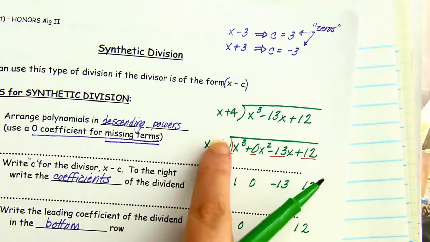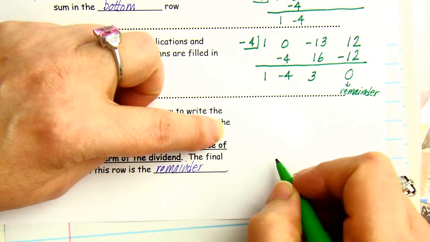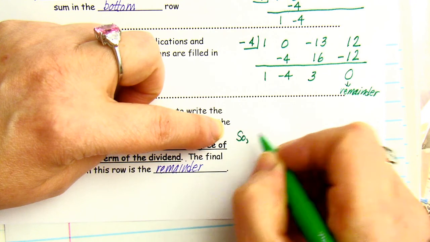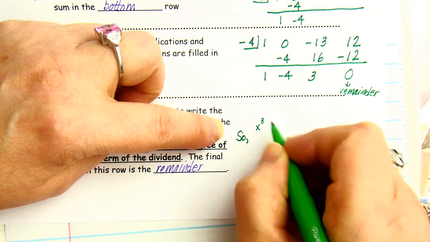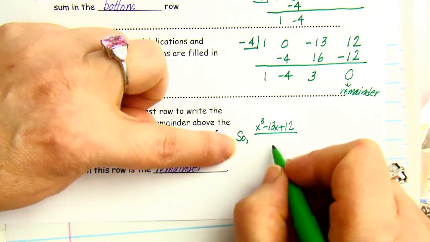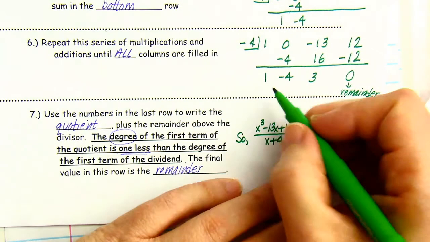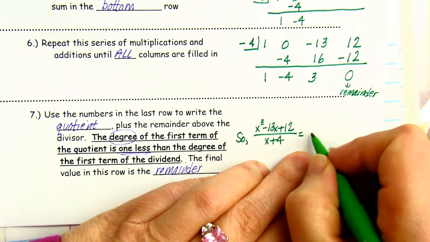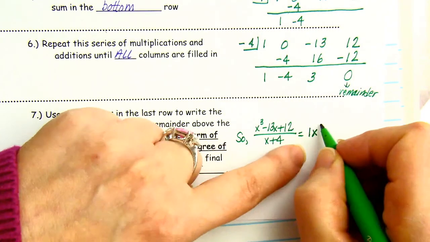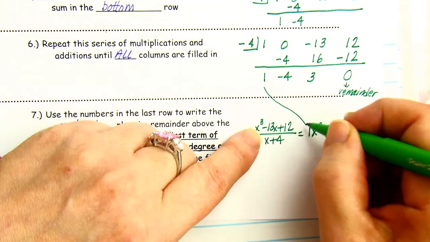I divided out an x, so it should make sense that my quotient is going to be, well, let's write it this way. x to the power of 3 subtract 13x plus 12 divided by x plus 4 equals, this is the coefficient of the first term of your quotient. 1x, this started out as a power of 3, this bumps down to a power of 2. 1x squared minus 4, okay, so this 1 is that 1.